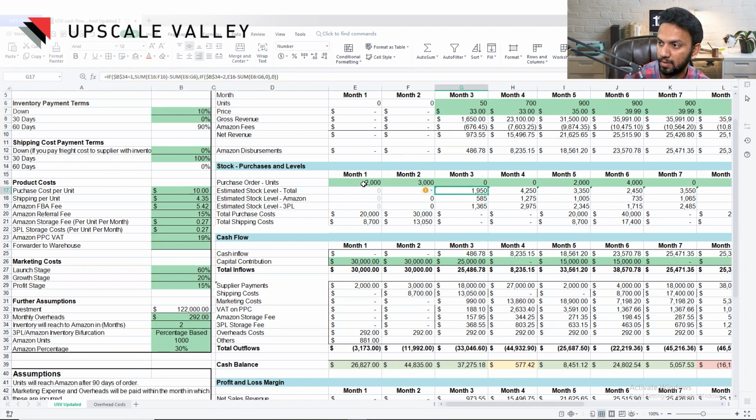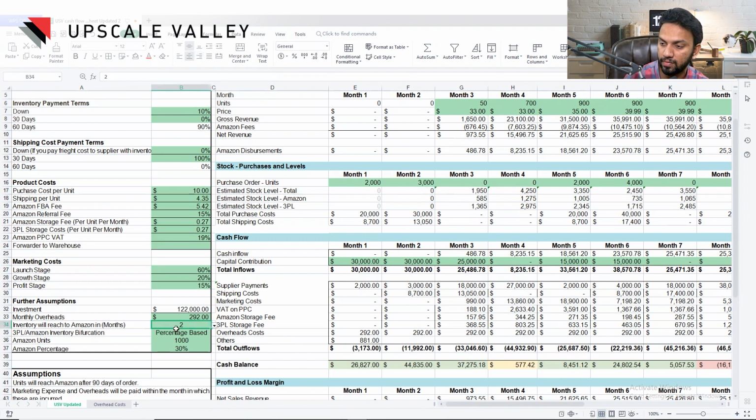Let's say we had ordered the 2000 units, and the inventory has reached, we are assuming, on the first day of the first month, and right after 60 days the inventory has reached Amazon and become available. Let's say 30 days for the production time, 15 days for the air shipment, and then 15 days for Amazon to make inventory available. Out of those 2000 units, only 50 units were sold, and the remaining buffer stock is around 1950. And here it is giving the picture.